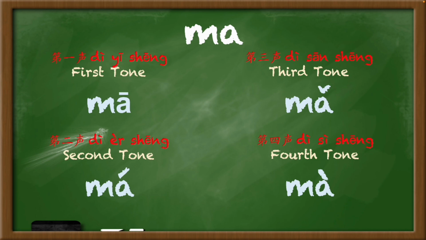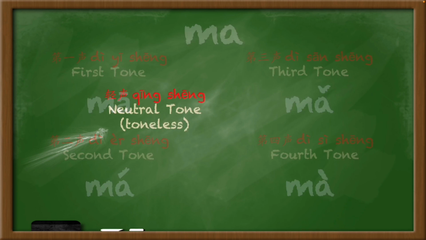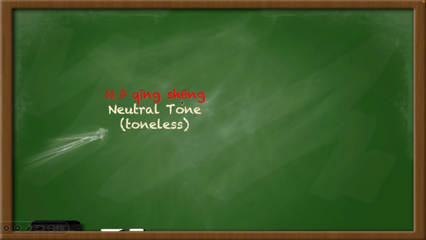But don't worry, alright? Shengdiao might seem very complicated and challenging at the beginning, but as long as you keep practicing, you'll surely get the hang of it. Alright, let's proceed. Now, aside from the four major tones in Chinese Mandarin, we actually have one minor tone, qing sheng, or what we call the neutral tone, or my personal term, toneless tone.